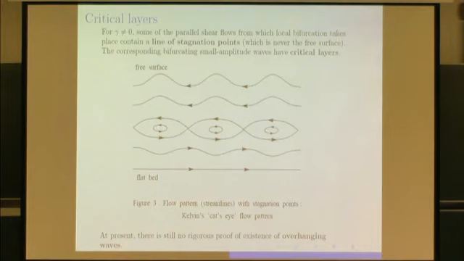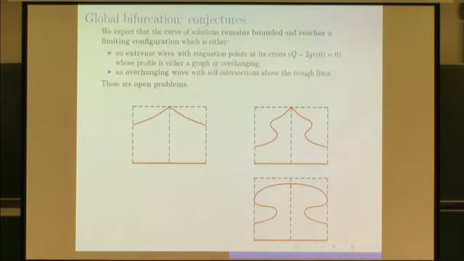So if the sign of gamma is the same as the sign of something else, then these are not possible. So it is the signs that determine which kind of behavior could happen. But everything is numerics about this.